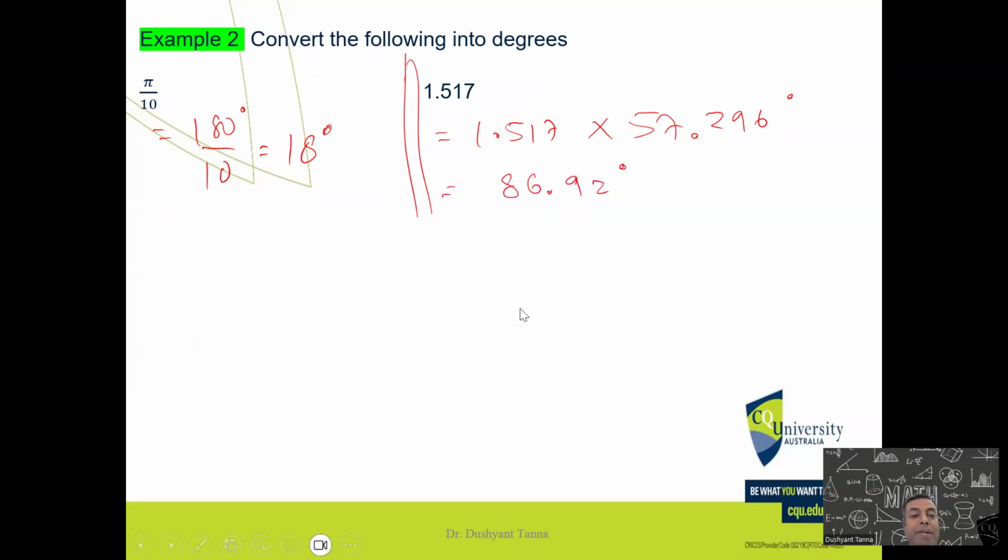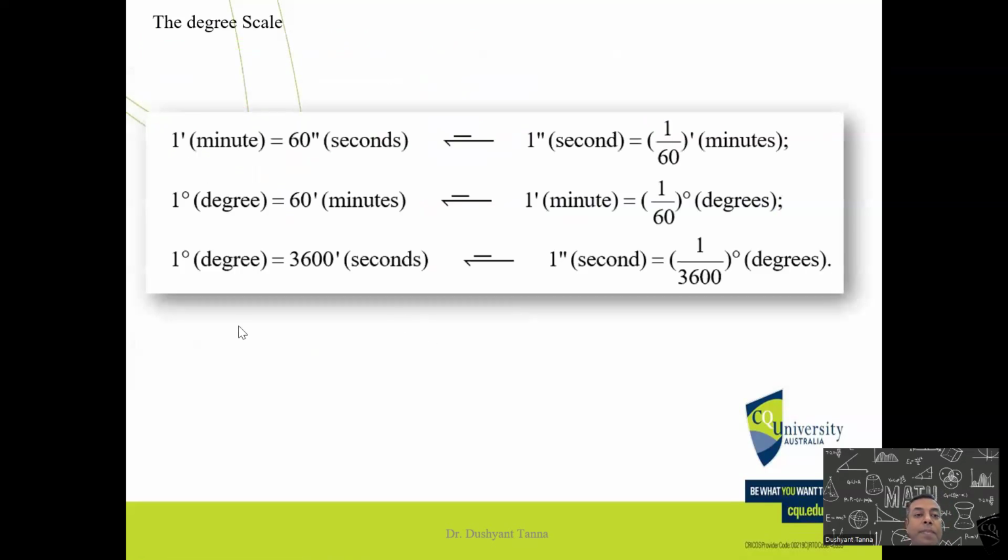Right, two simple examples to start with. Now we go further.